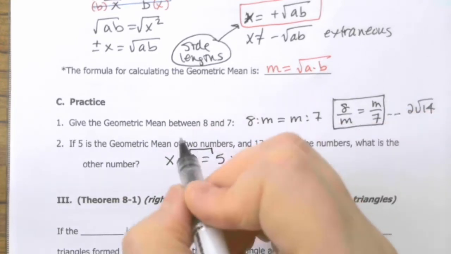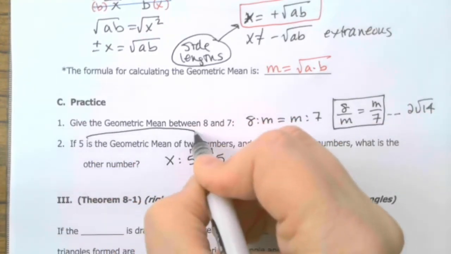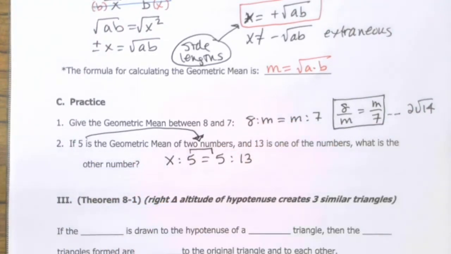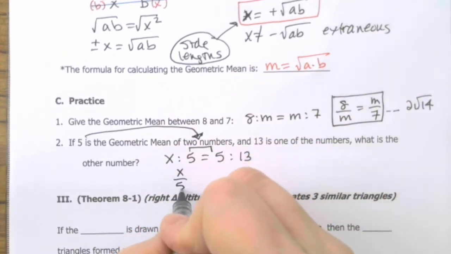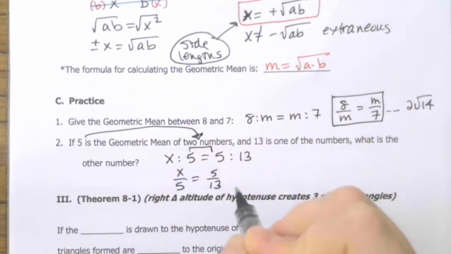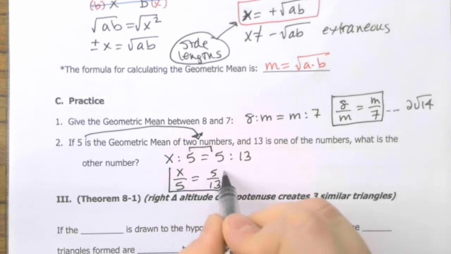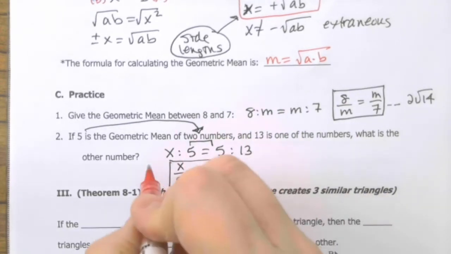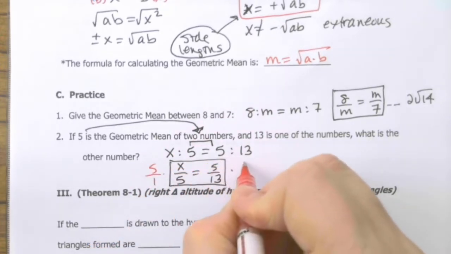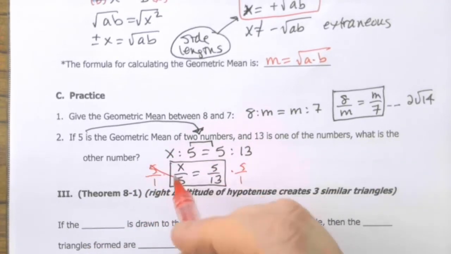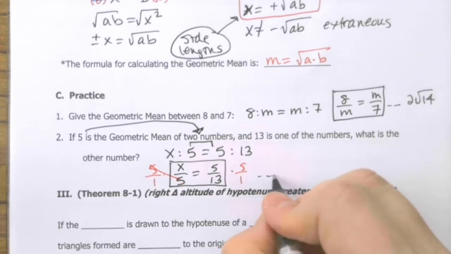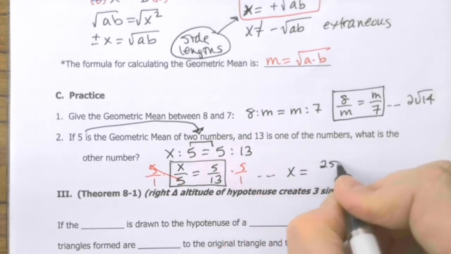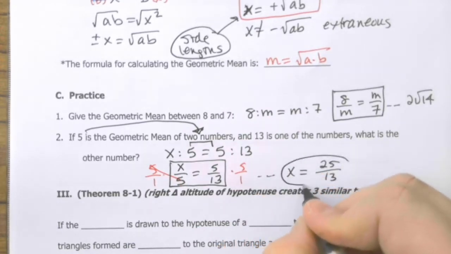So the geometric mean is 5. Turn that into a fraction: x over 5 equals 5 over 13. There is your equation. See how easy that is? Now to get x alone, we need to multiply by the reciprocal, which is 5 over 1, which will cancel the 5's out, and we get x equals 25 over 13 as our missing number.